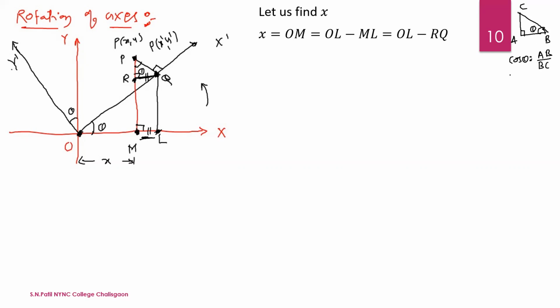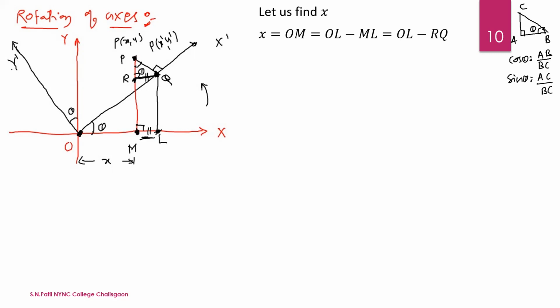And sine of theta is equal to opposite side, AC, divided by hypotenuse, that is PC. Now see OL, which is the adjacent side for this theta.